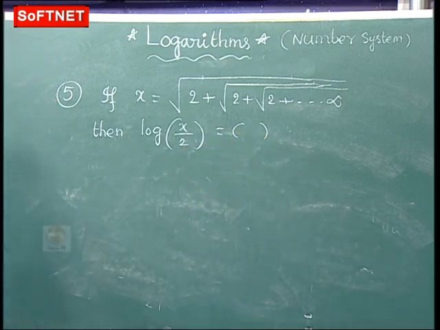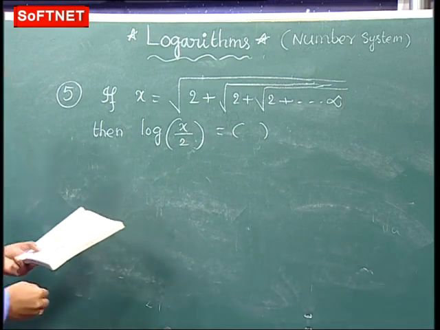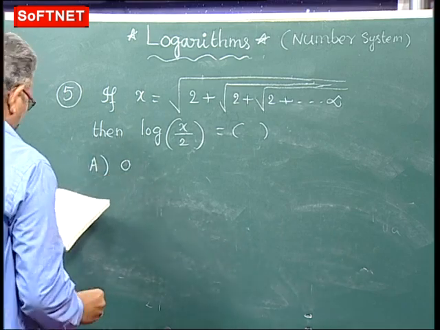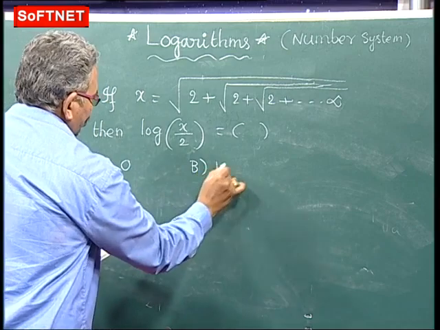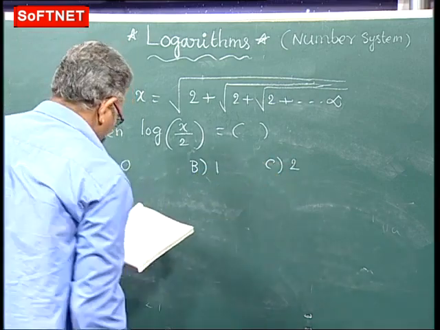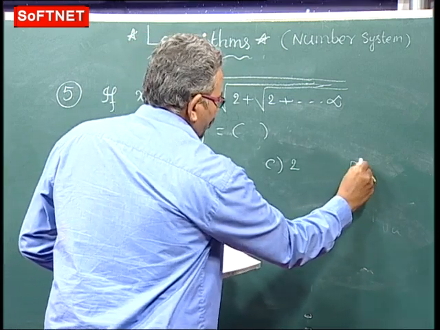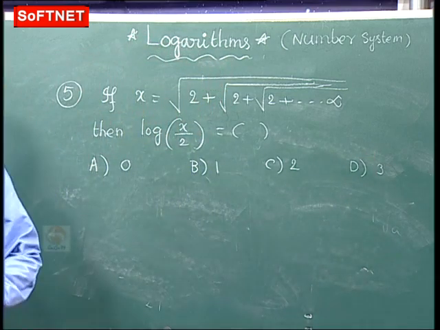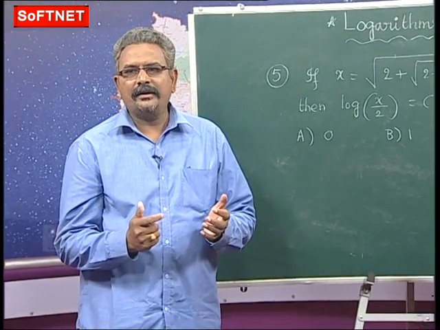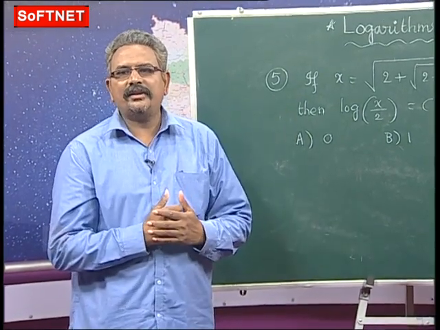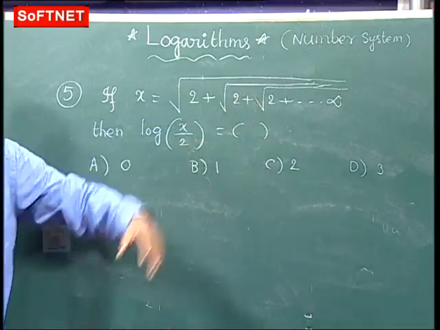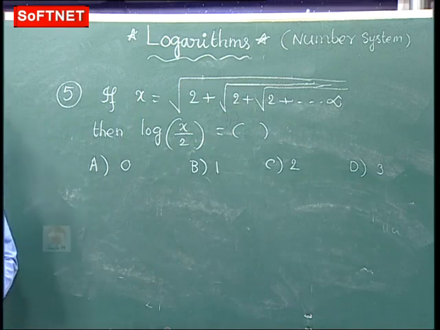So let us verify the options now. A 0, B 1, C 2, D 3. Generally these kind of problems appear in the examination and we get tension, because here root of 2 plus up to infinity is there, and once again log of x by 2 is asked.